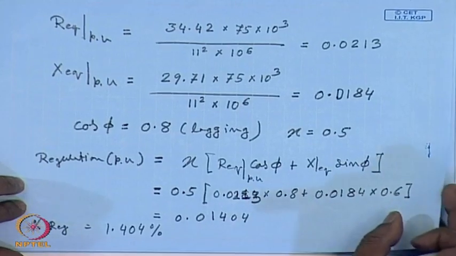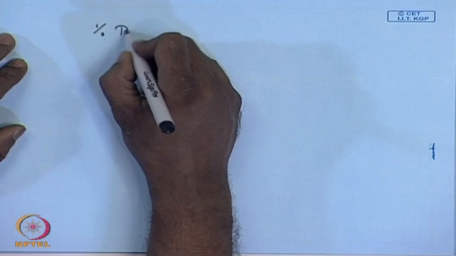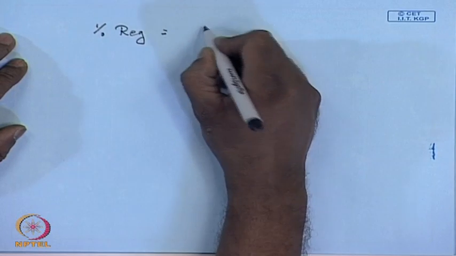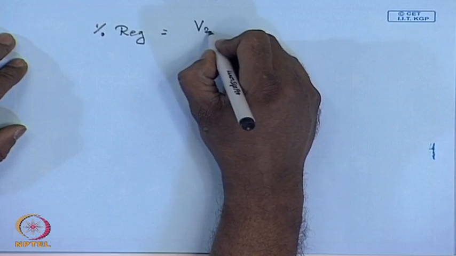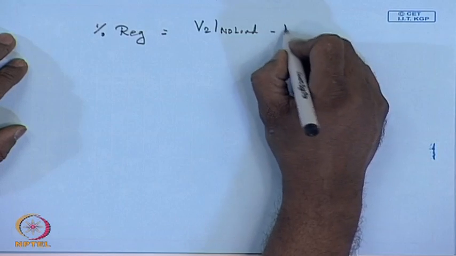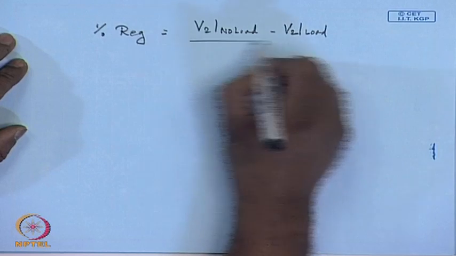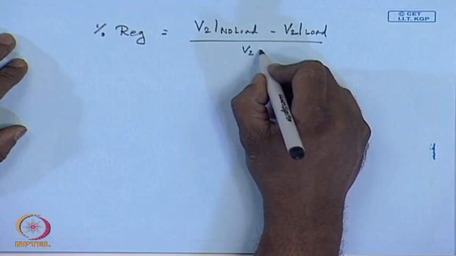which means the percentage regulation is by definition V2 at no load minus V2 at load divided by V2 at full load.